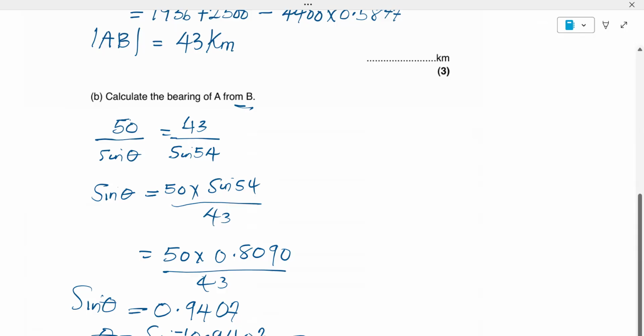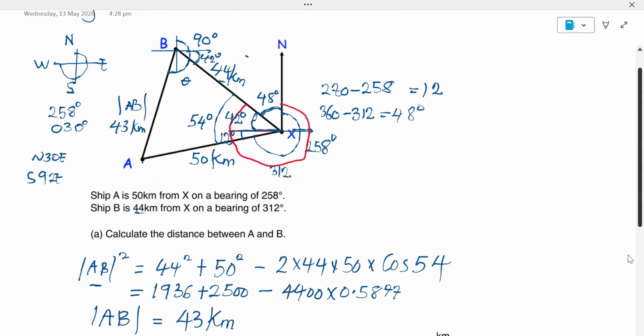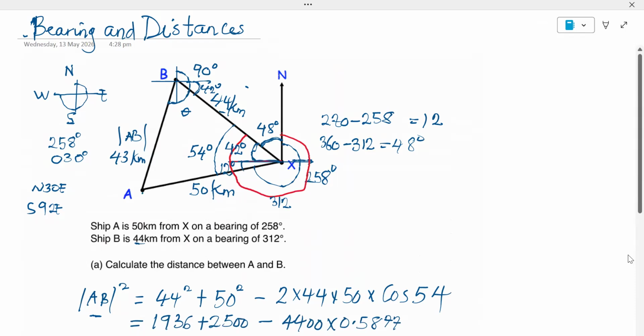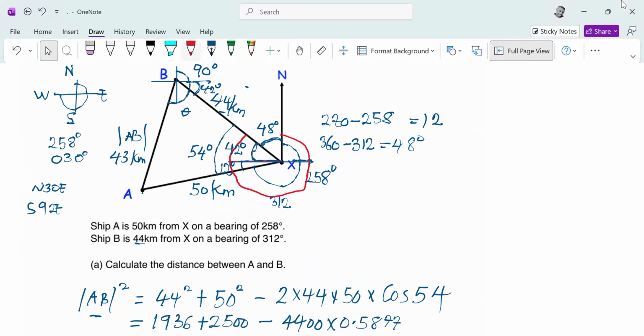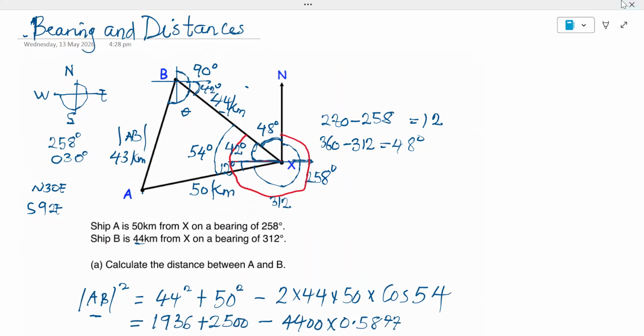So this is going to be equivalent to 70.2 degrees, approximately. Now, if we go back to the diagram up, it means that the value of angle theta there is eventually going to be 70.2 degrees.